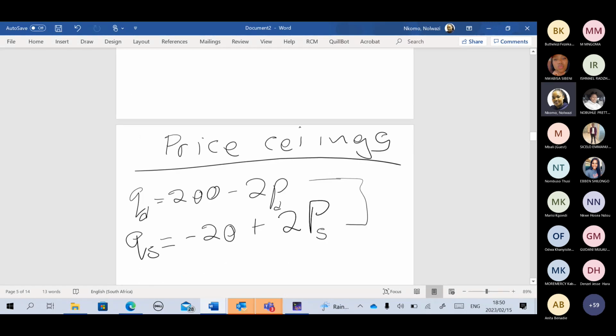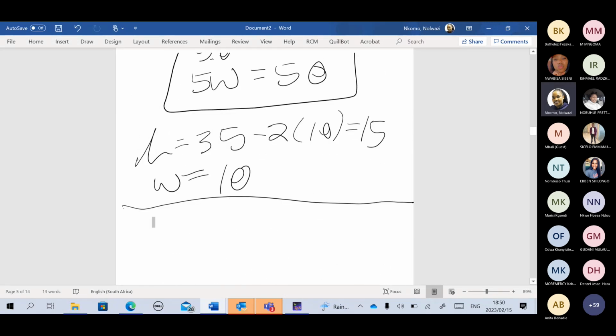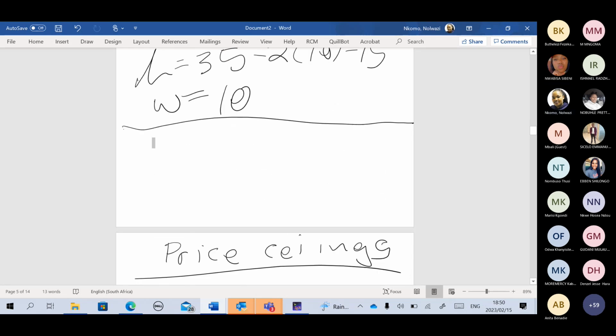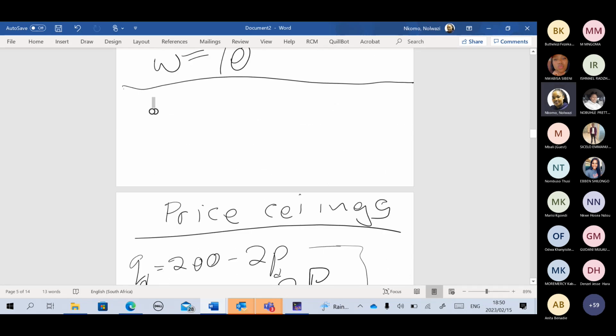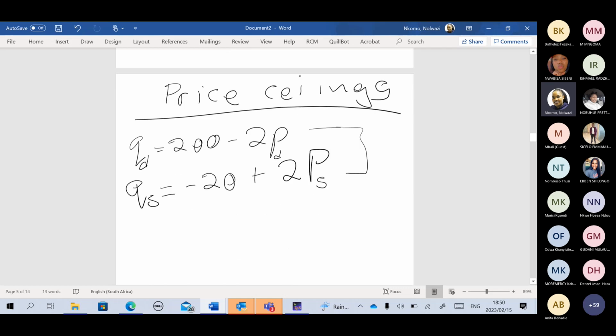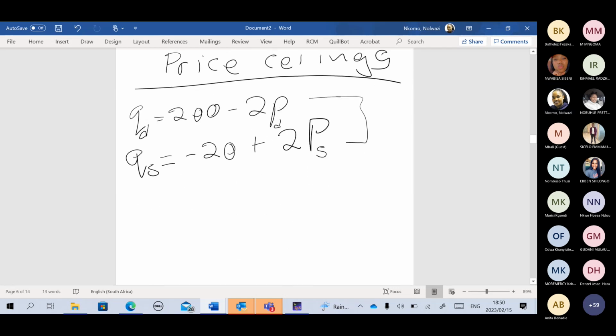Remember here in this section, the price ceiling is only a result when the market is not at the equilibrium. So we first need to check whether the market is at equilibrium.